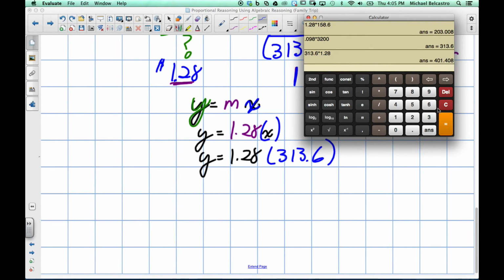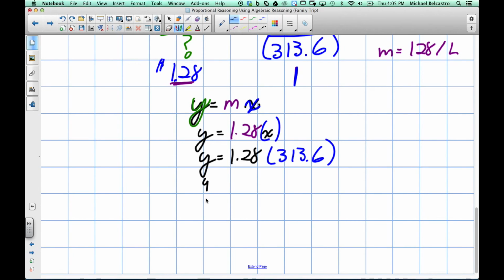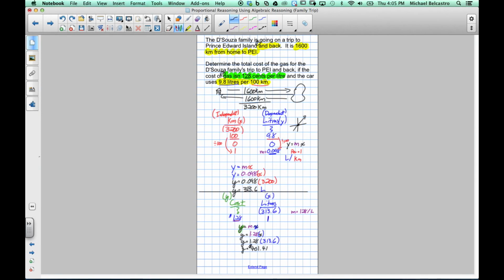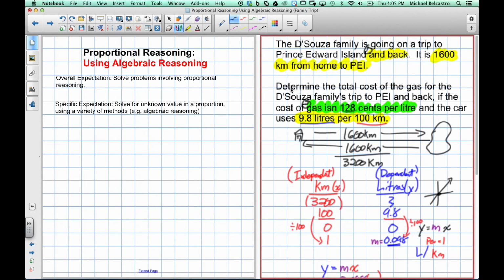And lo and behold, the family spends $401.41 in total for this family's trip. If you'd like to see other ways to solve this question, you can check out our other playlists on proportional reasoning.